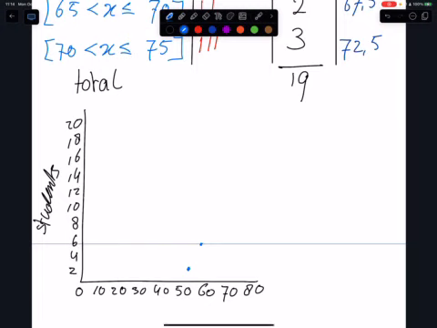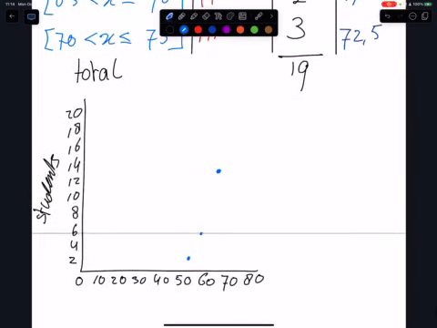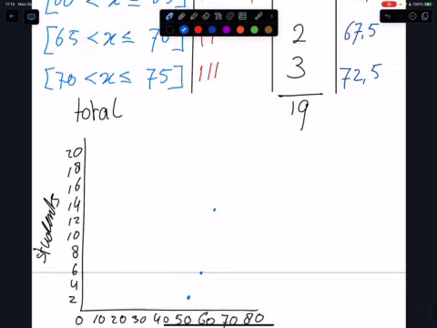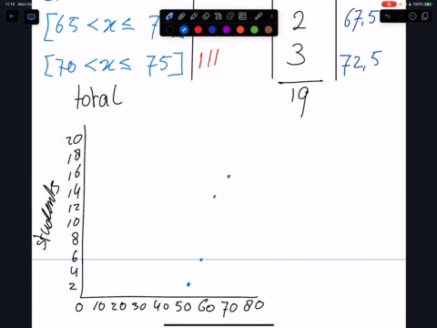Was it 14? 2 people at 67.5. I'm at 14, so add 2, I will be at 16 at 67. And then the other 3 people at 72.5, getting to 19.